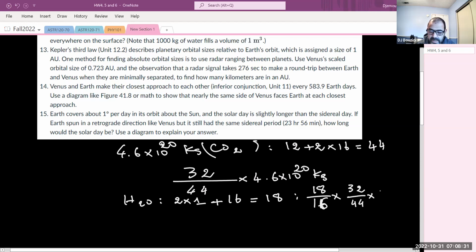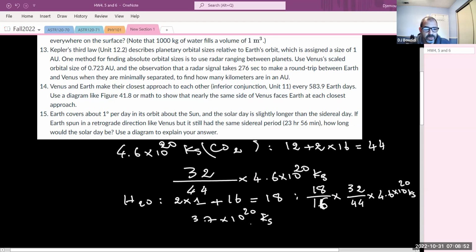Don't forget that this has to be multiplied by 4.6 times 10 to the power 20 kilograms. So if you do the math, you will end up with enough water that is about 3.7 times 10 to the power 20. All you have to do is just do this multiplication. So this is how much water you're going to end up with.